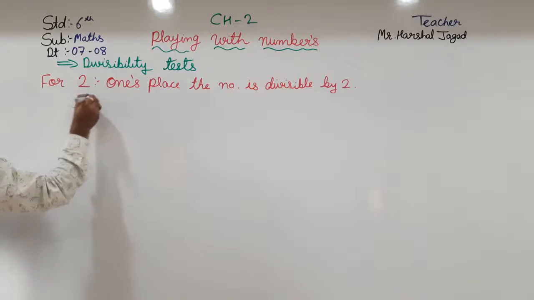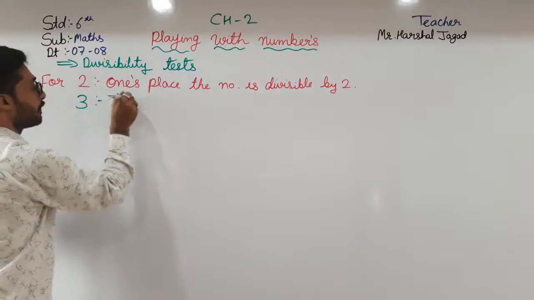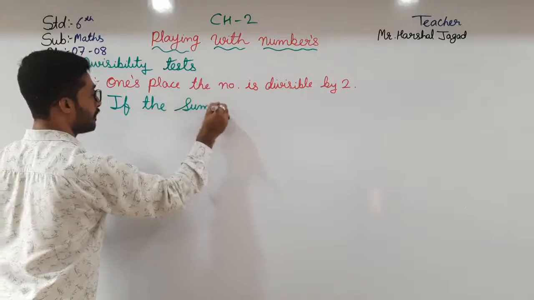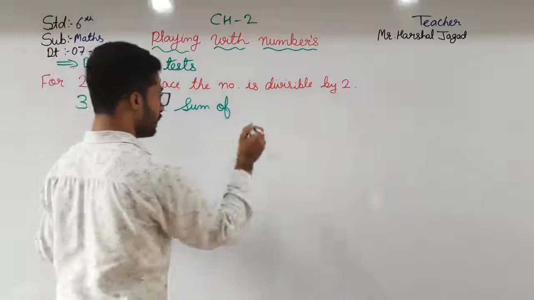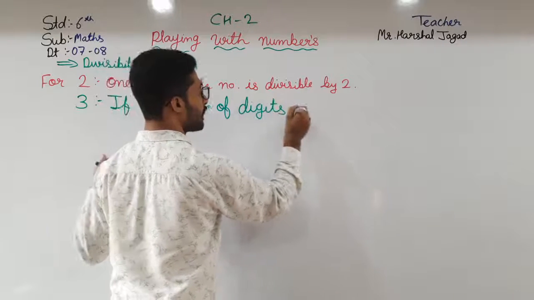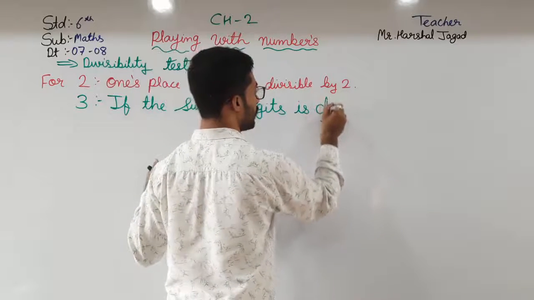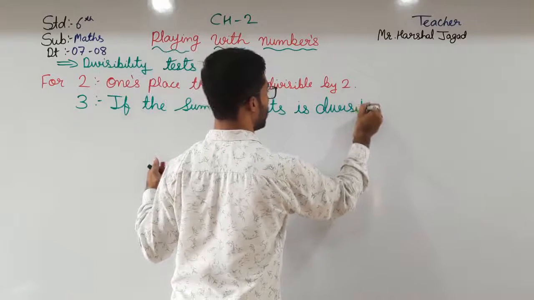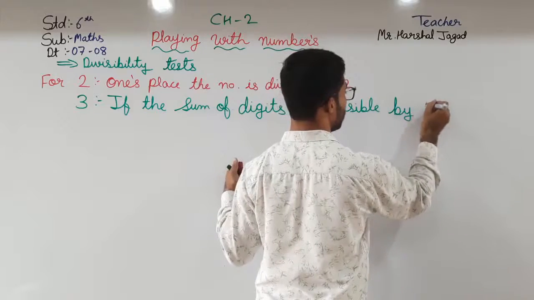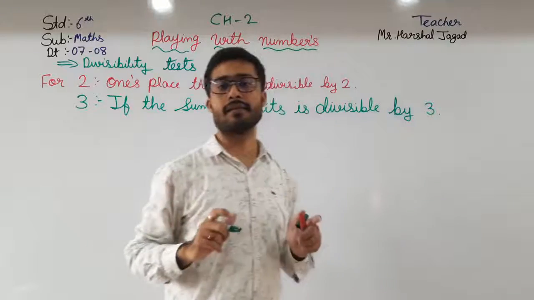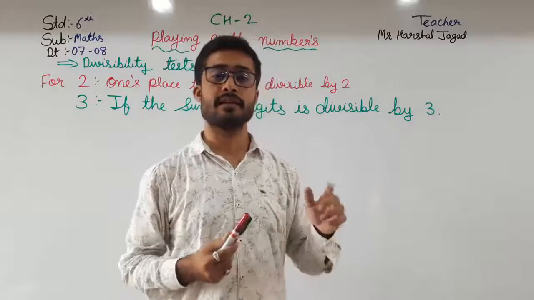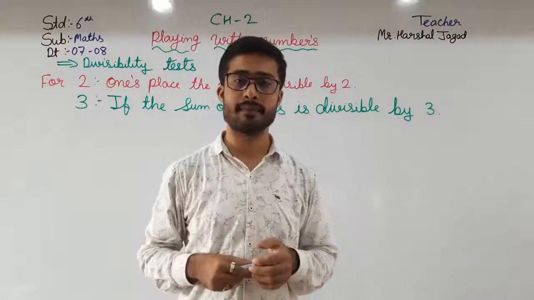If the sum of digits is divisible by 3, then that number is divisible by 3.